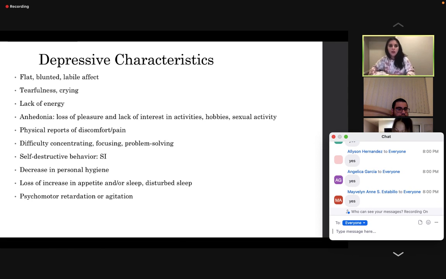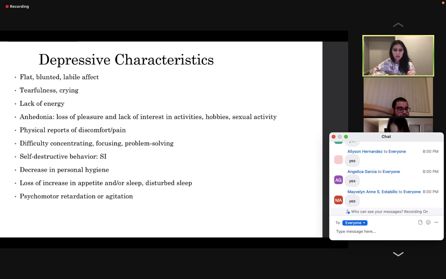Okay, depressive characteristics. You guys, this is everything we learned last week. Flat, blunted, labile, tearful, crying, lack of energy, loss of pleasure in the things they've loved to do in the past, right? Physical reports of discomfort, kind of somatic also.